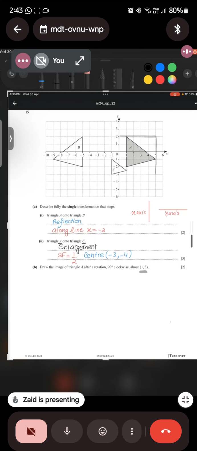ट्रेसिंग पेपर रखा आपने, and what you have done, you have traced it out, okay? Now you can choose any of the points, okay? For instance, I have chosen this one, okay? Take it and put it on the center of rotation 1,3. So 1,3 is somewhere over here. This is 1,3, okay? और इसको rotation देना है 90 degree clockwise, okay?